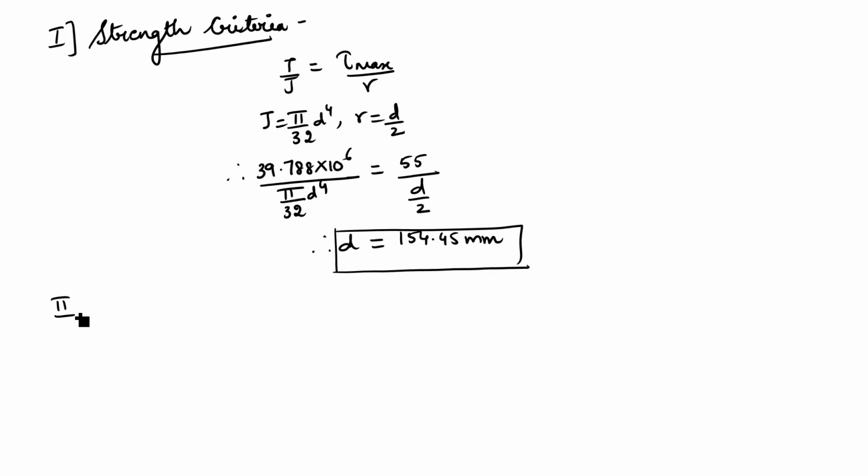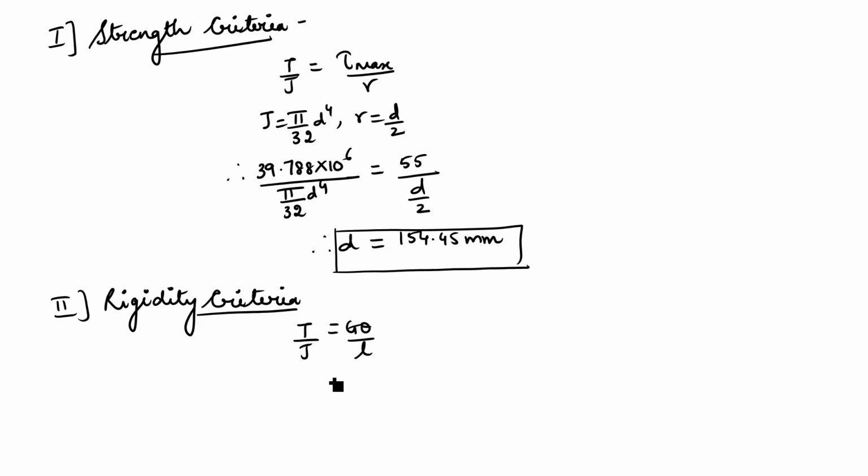Next we will use rigidity criteria. It is also called stiffness criteria. The formula is T by J is equal to G theta by L. The formula of J is pi by 32 d raised to 4 and L is 15d.